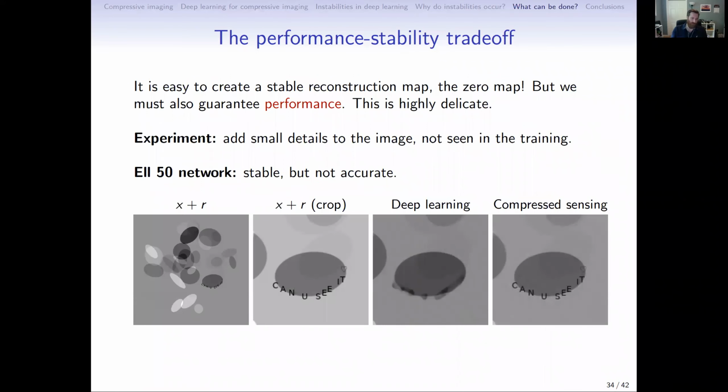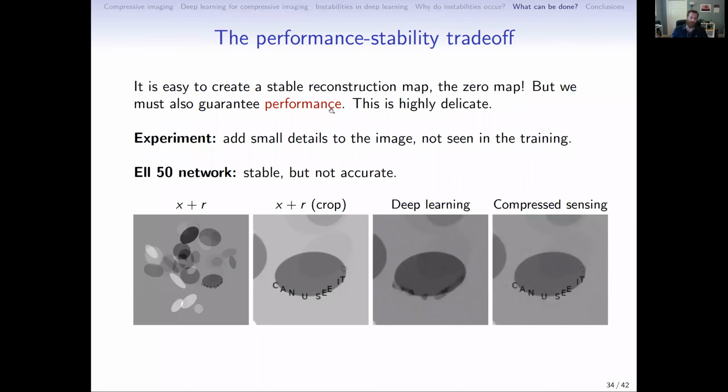Given that there seem to be no easy ways to stabilize things, it's worth approaching this problem from a slightly different perspective and trying to understand how to get more stable mappings.